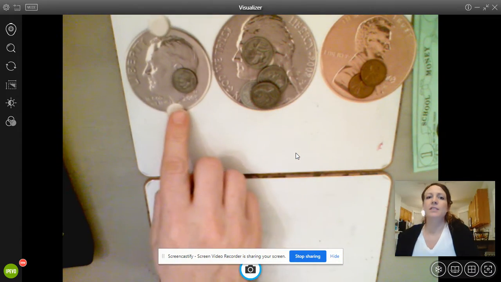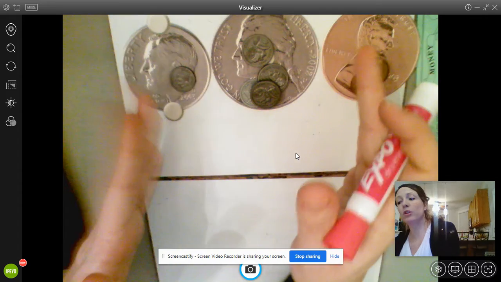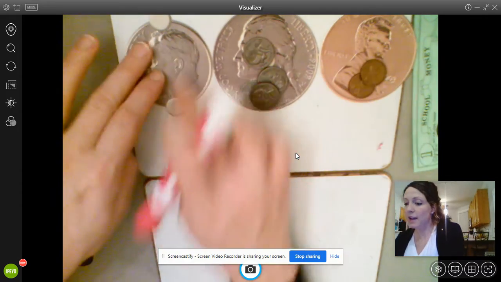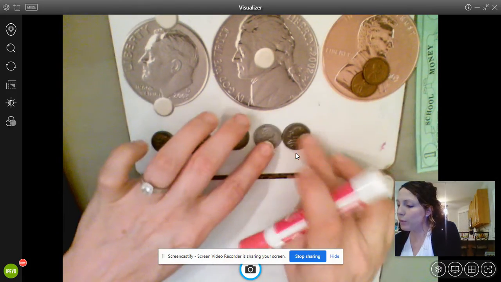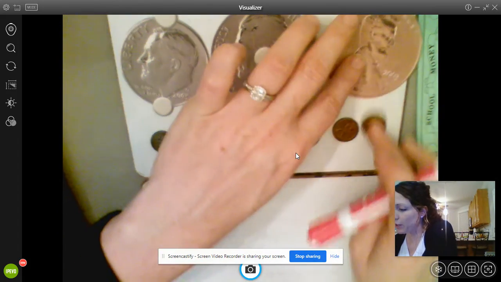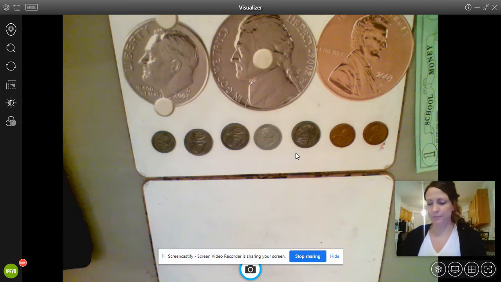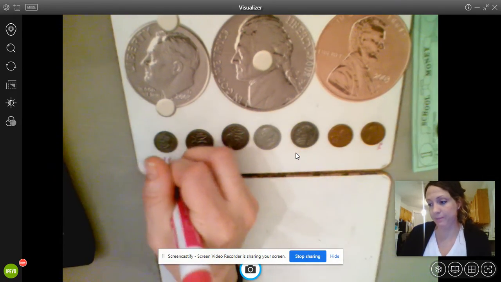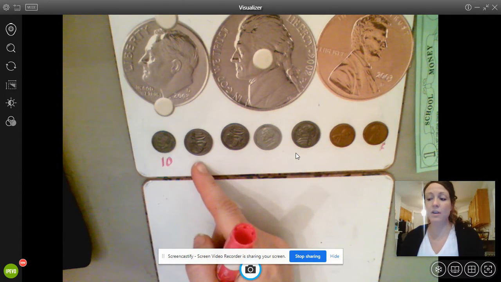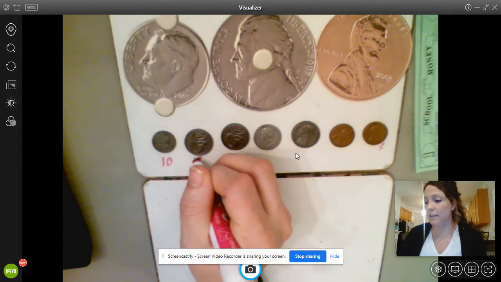All right. So now that I have them grouped from greatest to least, I'm going to put them down here in a line so I can work with them and write what they're worth underneath. All right. First, I have a dime that's worth 10, and I have a nickel. So 10, 15.